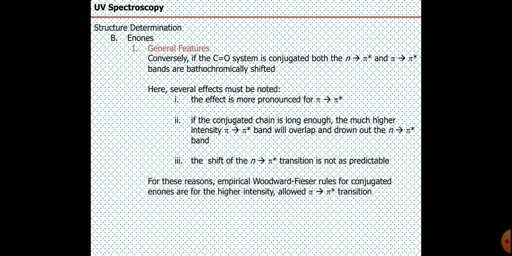If the conjugated chain is long, a much more intense band will be observed, and the n to pi star transition band will be observed at lower energy. But the n to pi star transition is not predictable if the conjugated chain is very long. For this reason, the Woodward-Fieser rule for conjugated enones applies to the higher intensity pi to pi star transition rather than the n to pi star transition.